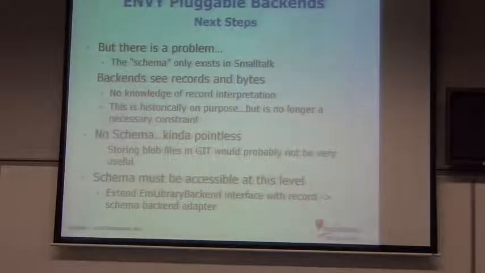The reason is that the schema isn't down there, it's up in Smalltalk. This is by design. The low-level stuff doesn't have any idea about Smalltalk, because it used to store Smalltalk, it used to store Java, and it was made to be generic and not really care about what it was storing. So that's why it has that view of the world: I know records and I know bytes, and that's all I really know.